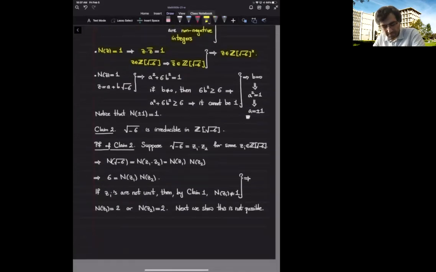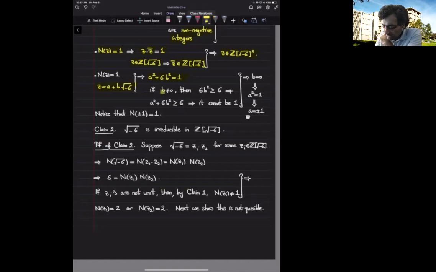Now, in order to understand what kind of elements we are dealing with, I can write down the real part and the imaginary part of z. Suppose z is a plus b times the square root of -6, then its norm by definition is a squared plus 6b squared. Now here is the key result that can help us understand what elements we have.